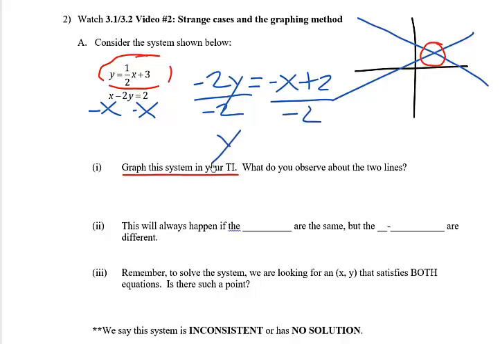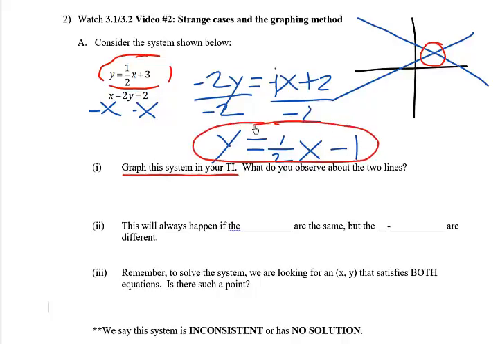Now that y is by itself, on the right, I just need to distribute the negative 2 into both parts. There's an understood 1 here in front of that x. Negative 1 over negative 2 makes positive 1/2 x, and then positive 2 divided by negative 2 is negative 1. So now I have the second line also in the good format.